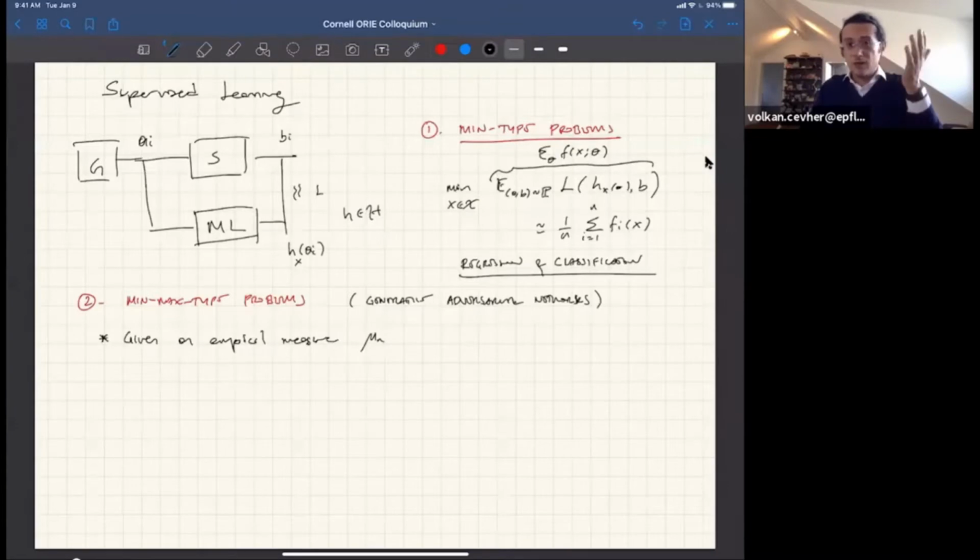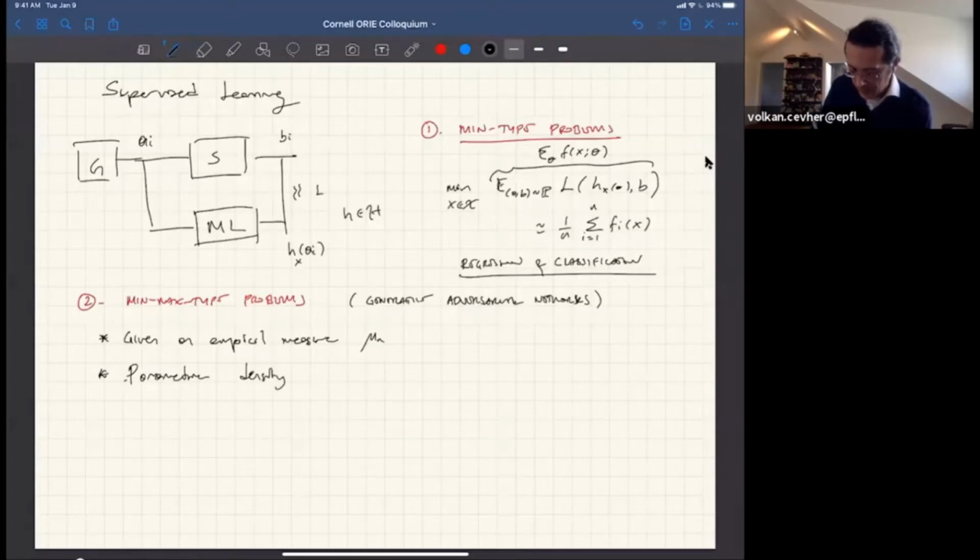And maybe a more modern approach is to parameterize such densities using neural networks. And the idea is very simple. So the parametric density: we try to parameterize the density by taking a neural network and pushing forward a simple distribution.